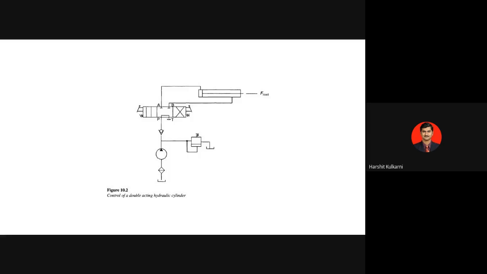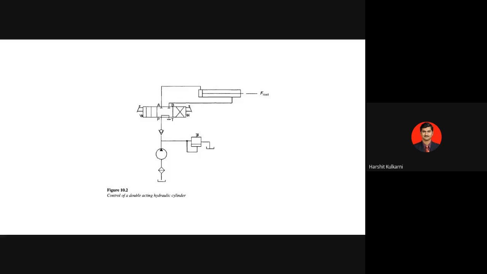There will be many DCVs. So one single pump will be supplying oil to n number of circuits. So branching will be there just before the PRV or after the PRV. Now, also there's no hard and fast rule that the normal position should be P connected to A port for a single acting cylinder, or that the normal position should be P connected to T. All flexibilities are available.